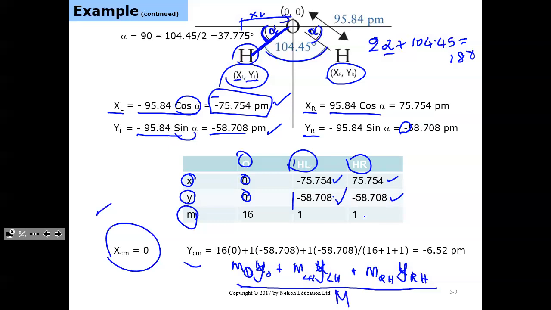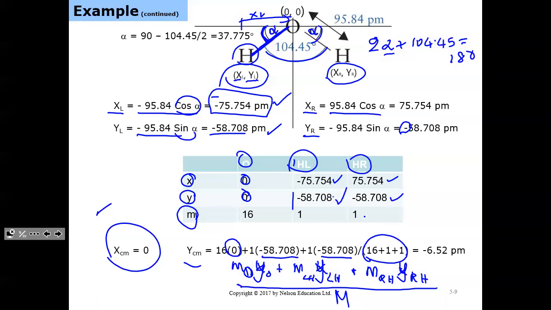So that is what is being done here. 0 for the Y position of the oxygen, and this is the Y position of the left hydrogen. This is the Y position of the right hydrogen, divided by the total mass, in atomic mass units. So we get the answer. Okay, we are done.